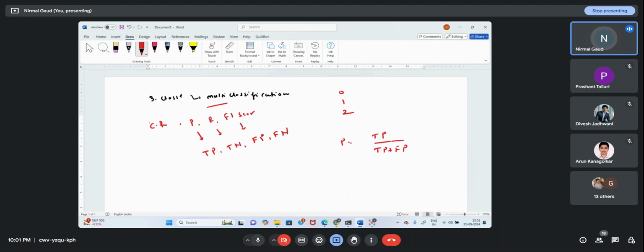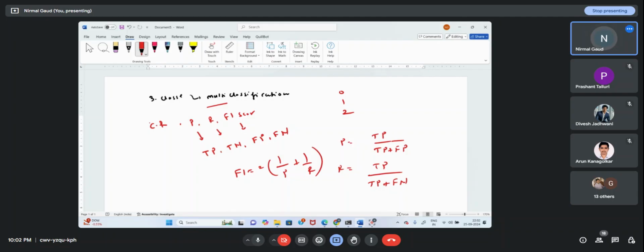Recall is TP upon TP plus FN, true positive upon true positive plus false negative. And F1 is the harmonic mean of these two: 1 upon precision plus 1 upon recall, something like this.